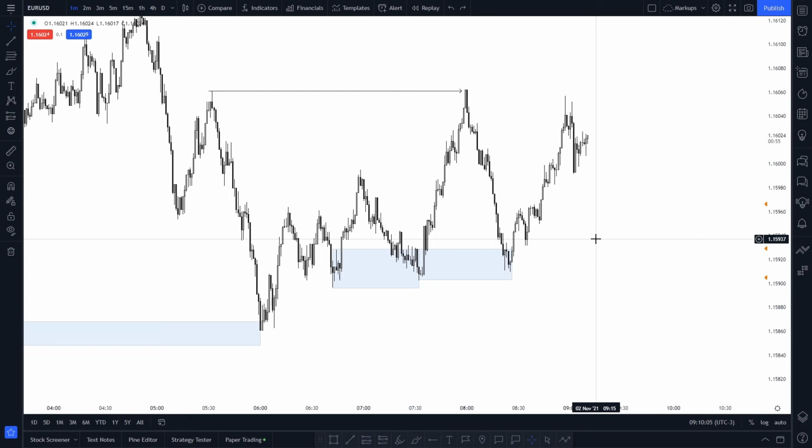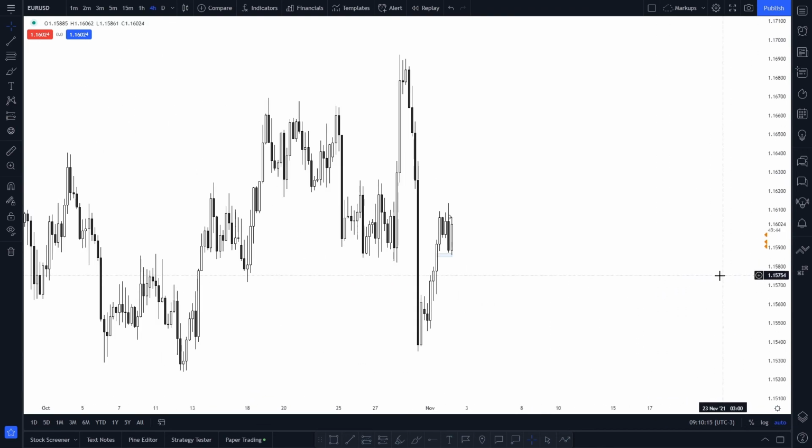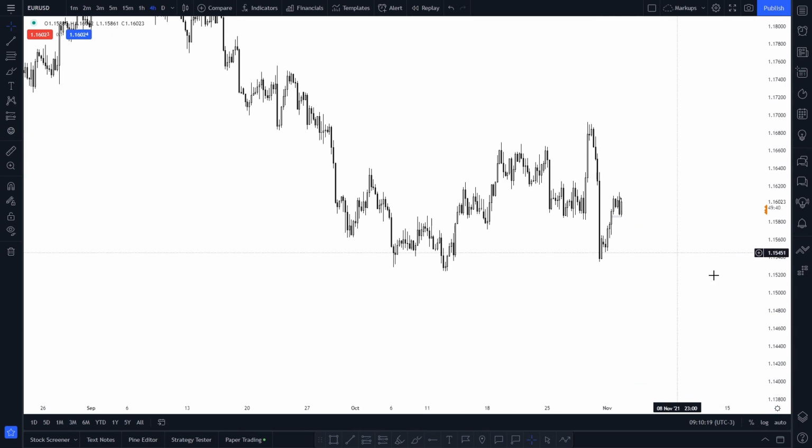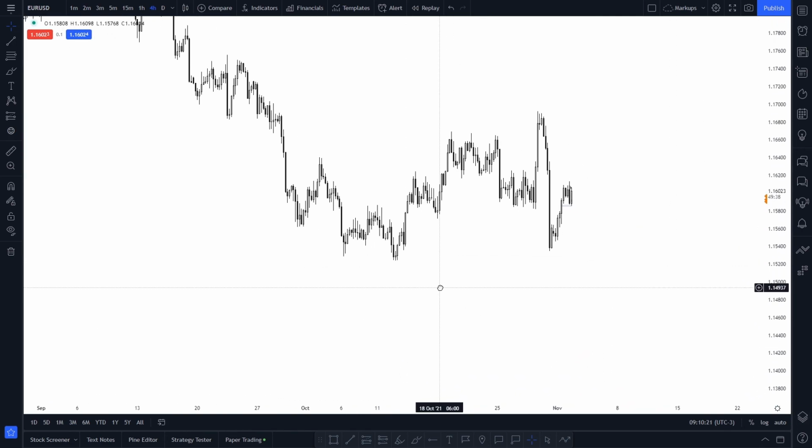So that's why I only use areas that are close to the current price action. Having a lot of far away areas, I just don't really find much need for them. As an example, with a 4 hour, I wouldn't draw a 1 minute within a 4 hour.